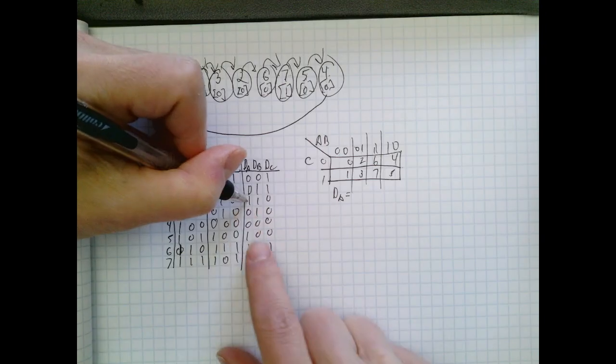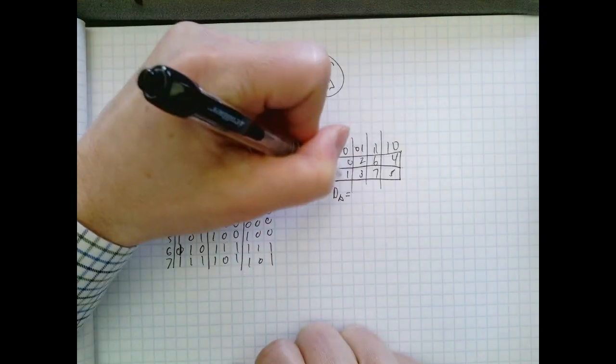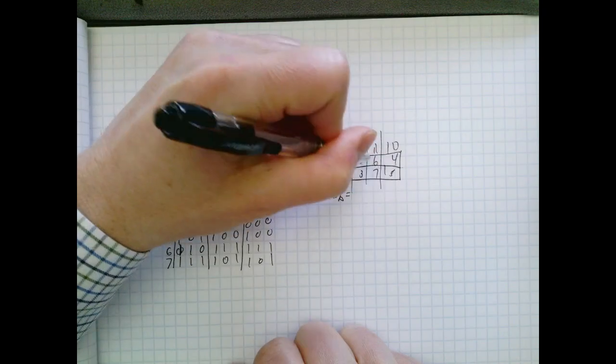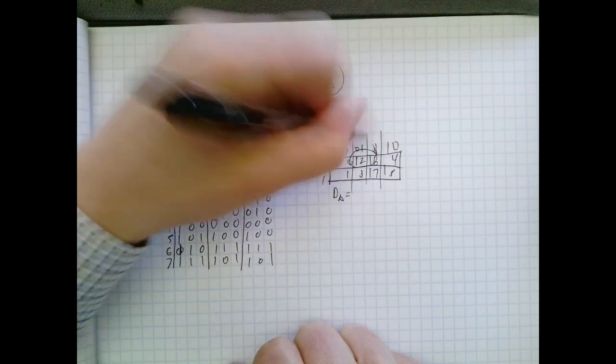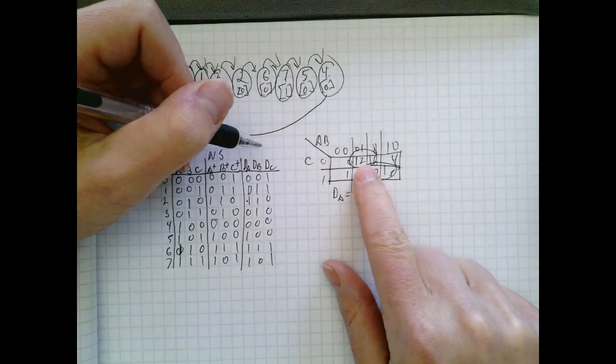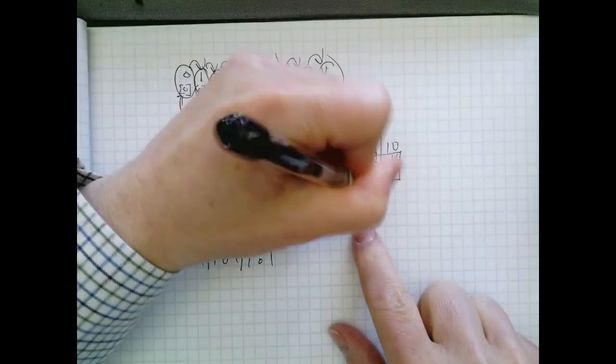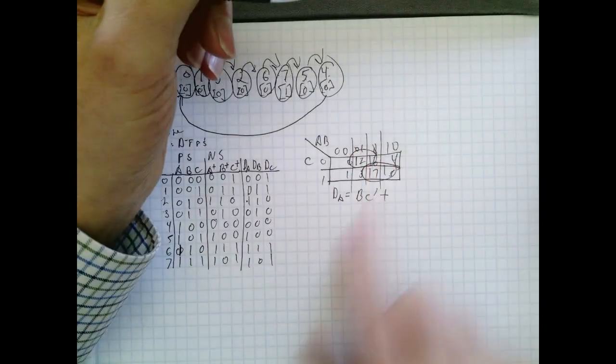It has a 1 and 2, 5, 6, and 7. Loop here, loop there, and then I can come up with B C prime, or A C.